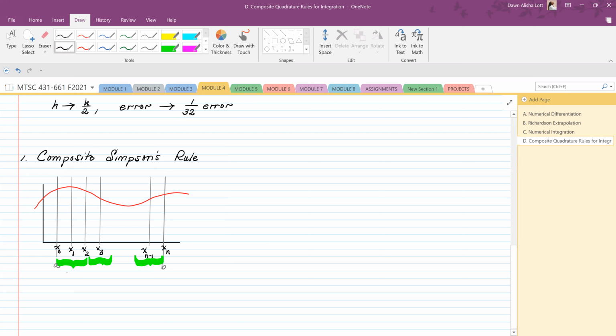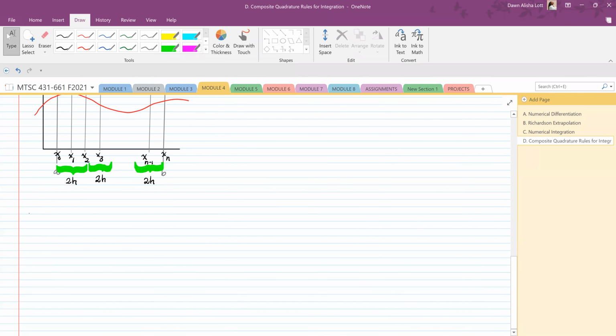So now we're going to do I, the integral from a, which is x naught, to b, which is xn, of f of x dx. Without loss of generality, I'm going to let n be 6, just so you can get an idea of what's going on.